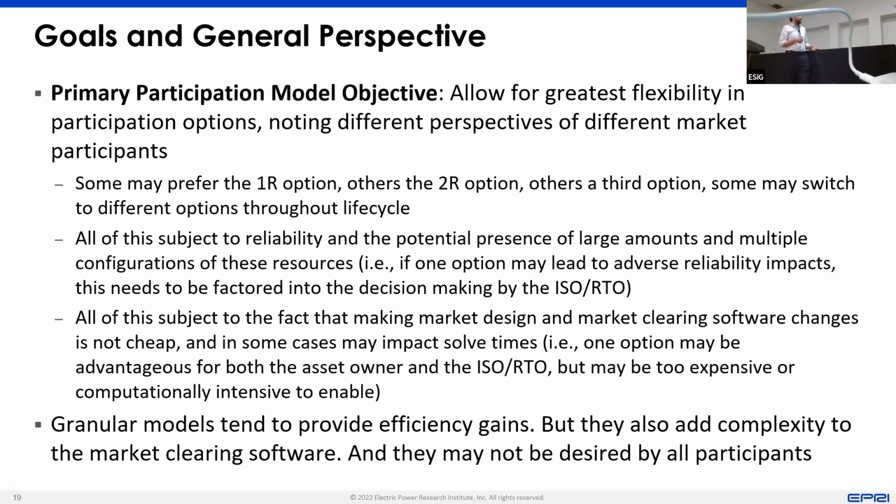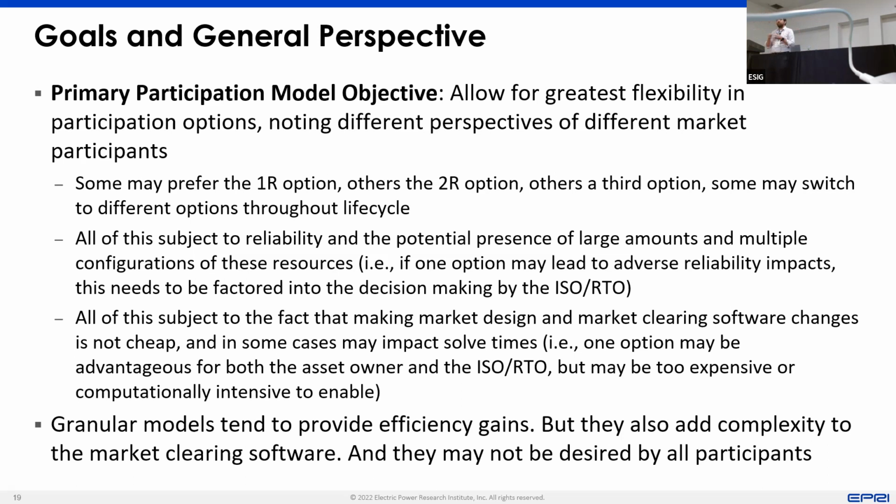There are some examples there of some specific ones, but I mostly want to focus on that last bullet that really looks at the fact that these granular models that represent the physical characteristics of a technology tend to provide efficiency gains.